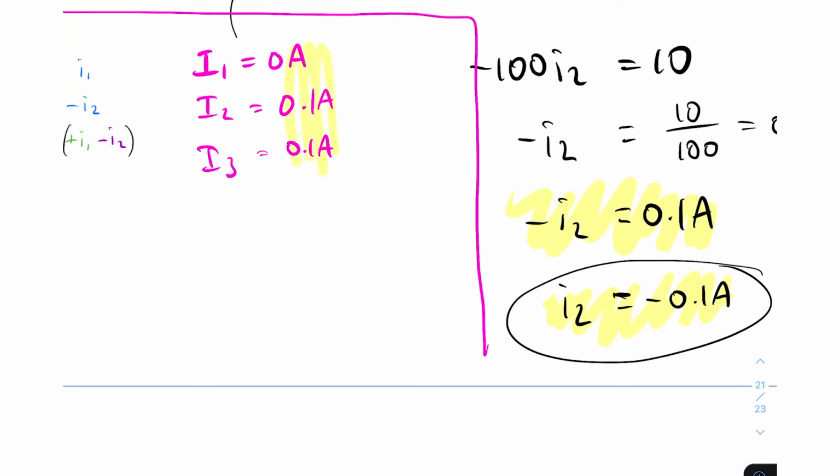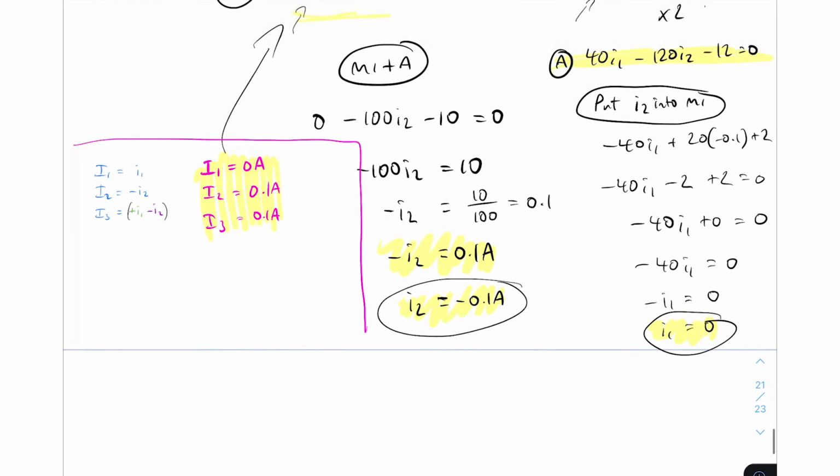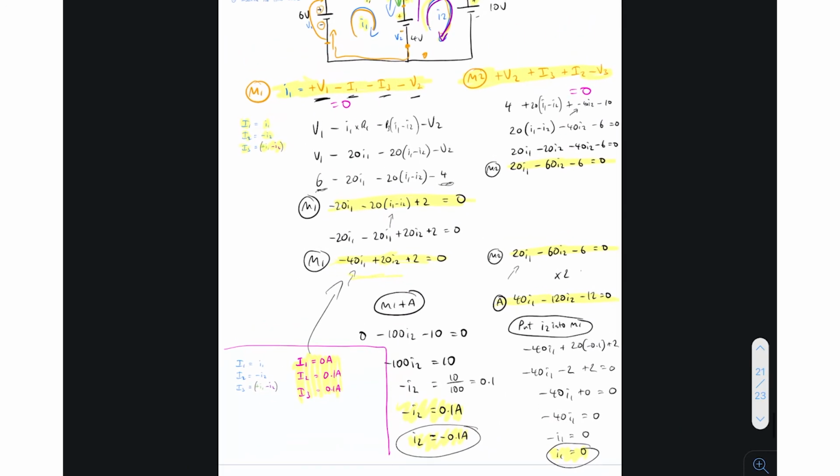There you have it. Now we have the mesh currents for each mesh. I1 is 0, I2 is equal to minus 0.1, and then we've got the currents through all of the components as well. It's not pretty, let's just say that.